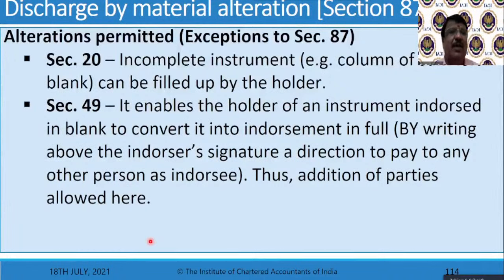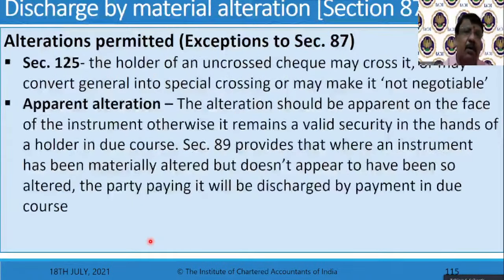See, like in our example now, A endorsed it to B without mentioning any name. Right? So B gets it, his name is not mentioned. Only A has signed it. Now B puts C's name there and makes it in full. By writing above the endorser's signature a direction to pay to any other person as endorsed, this is a valid alteration. The holder of an uncrossed check may cross it. Valid alteration. The alteration should be apparent on the face of the instrument.